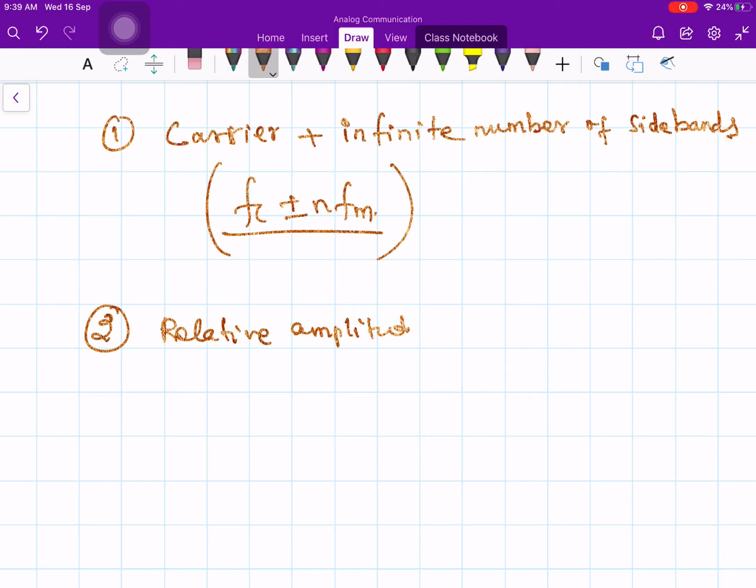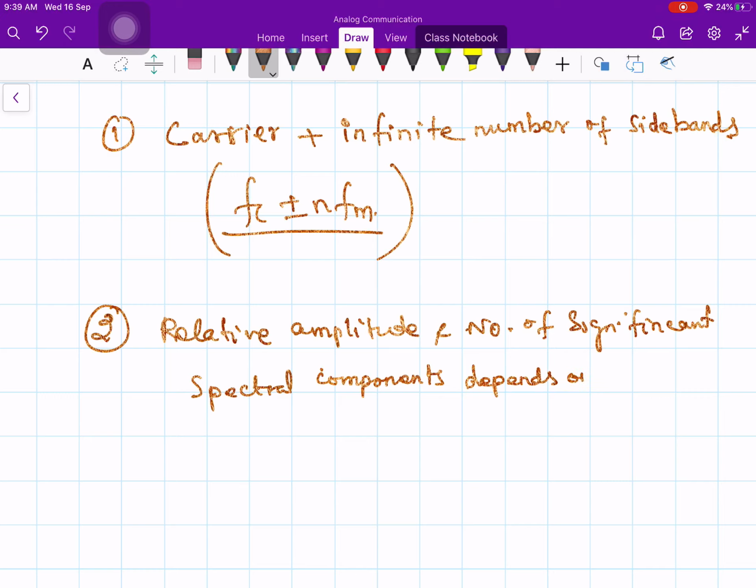So therefore, relative amplitude and number of significant spectral components matter. Even though it has an infinite number of sidebands, only a certain number of sidebands have significant spectral components, and this depends on beta.